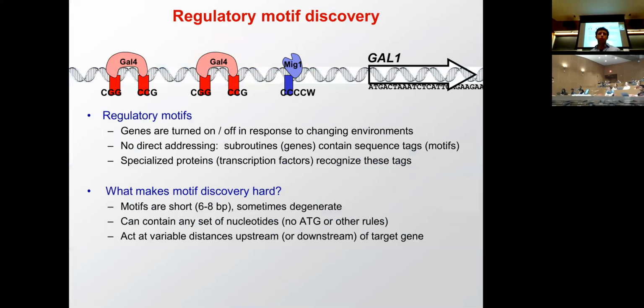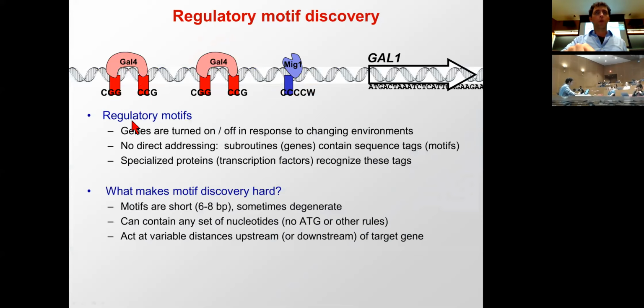So what are these regulatory motifs? I showed you in the very first lecture a region of the yeast genome where I highlighted nucleotides that were important in red. These were instances for the GAL4 and the MIG1 regulators, as well as for the TATA-binding protein, TBP.